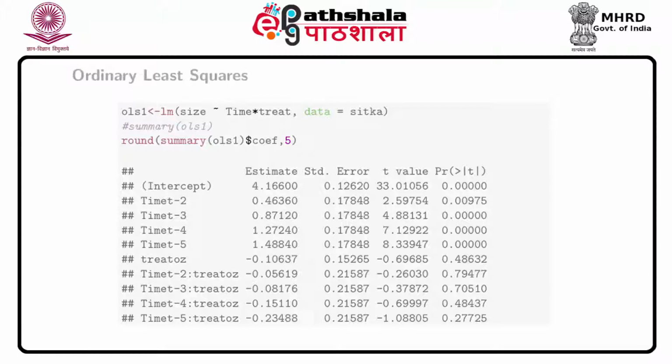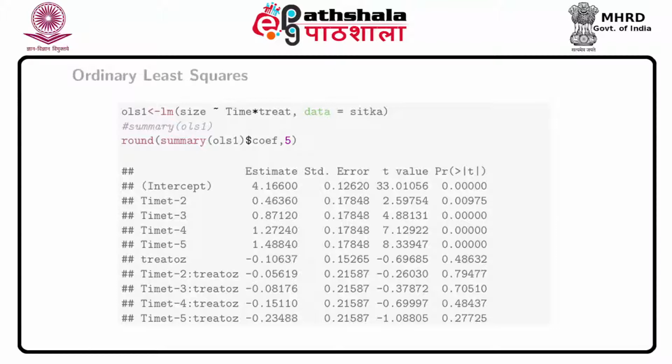Now what we find is that for the effect of time, the differences are all significant, but for treatment there is no significant difference. So the time T2 group is different, and treatment ozone doesn't have a significant difference.